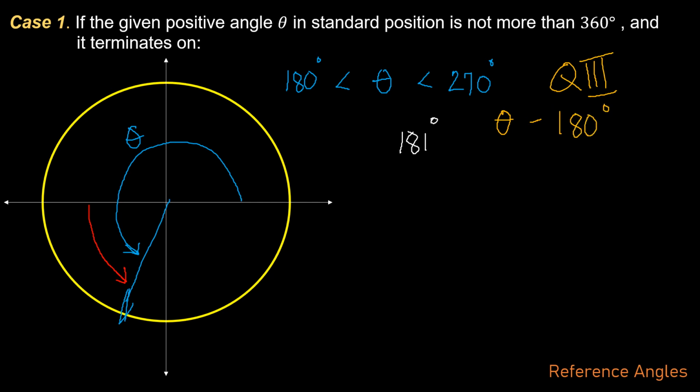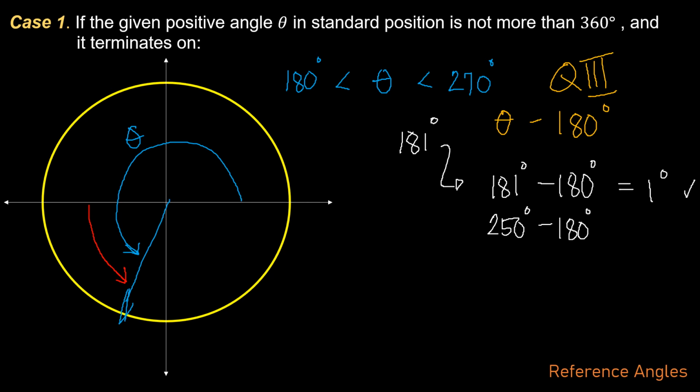That is why if the given angle is 181 degrees, you're just going to subtract 180 degrees from that, 181 will give you 1 degree. That is the reference angle. Another, if you have 250 degrees, that is obviously found on quadrant 3, subtract 180 degrees from that, it will give you 70 degrees.